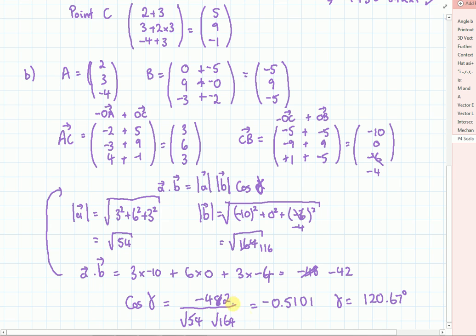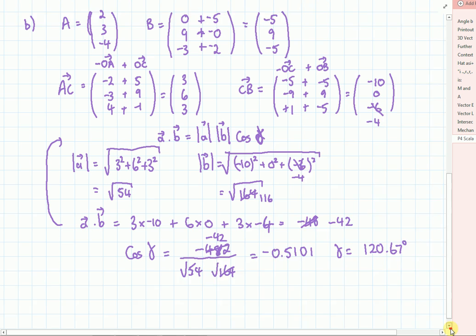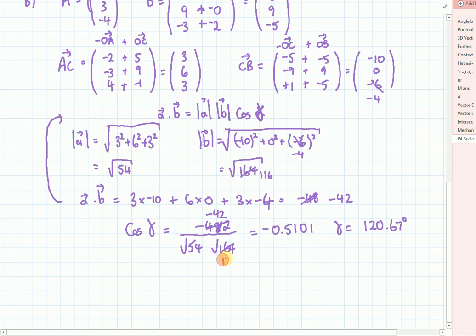So it's minus 42 over square root of 116. Minus 0.475.